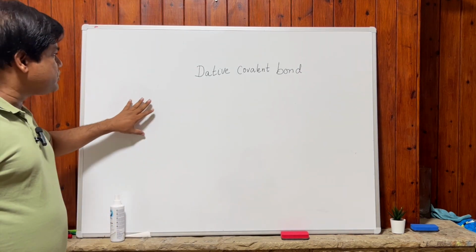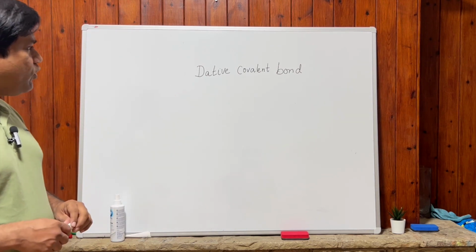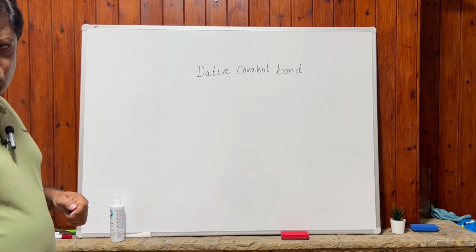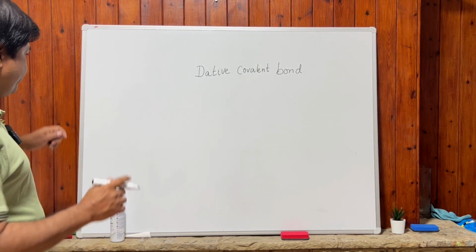Okay, first of all, see what is meant by the term dative covalent bond. Dative covalent bond is also called a coordinate covalent bond.